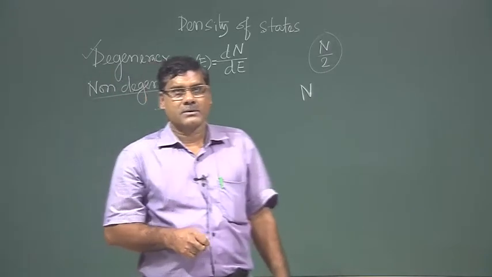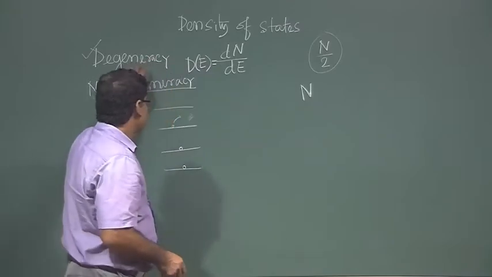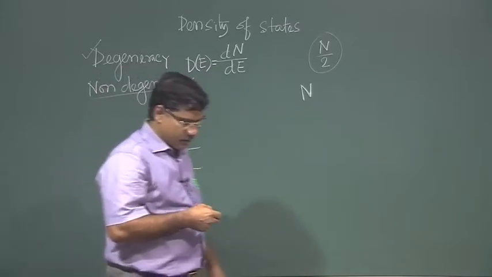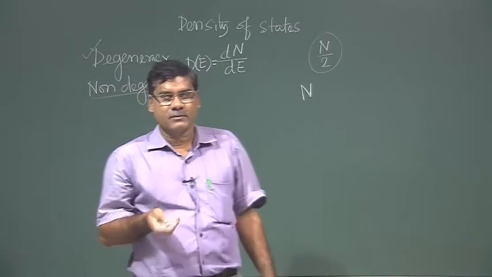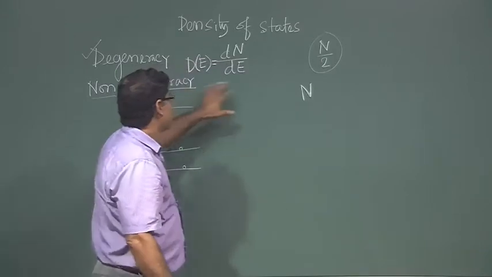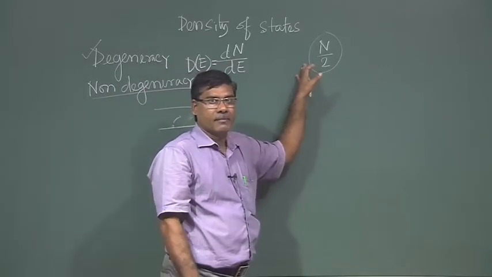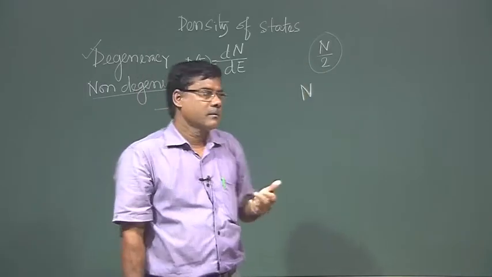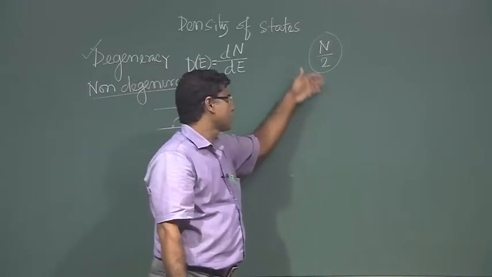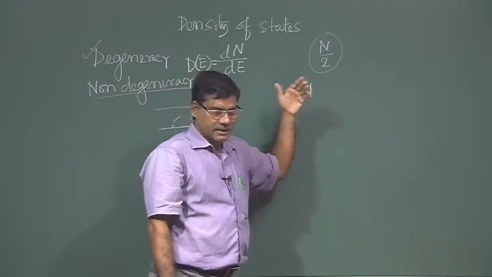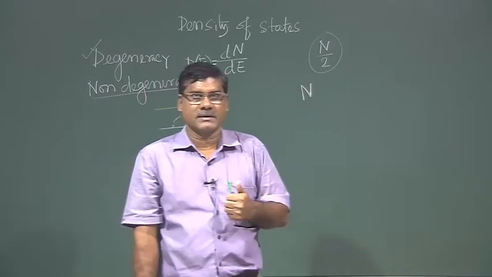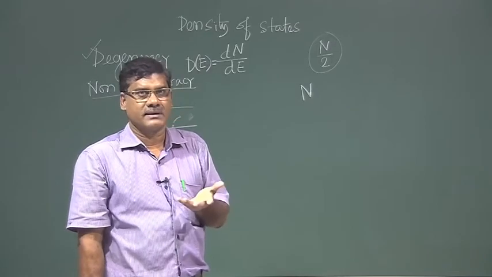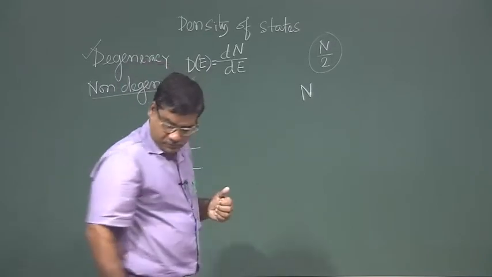So, the degeneracy, or fold of degeneracy, is twofold here. Twofold degeneracy means 2 states, 2 electrons, have two states but the same energy. So, it may be twofold degeneracy, threefold, or n-fold degeneracy.